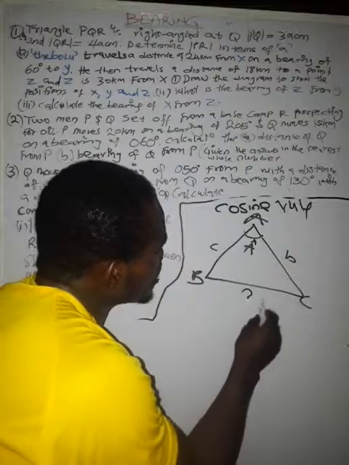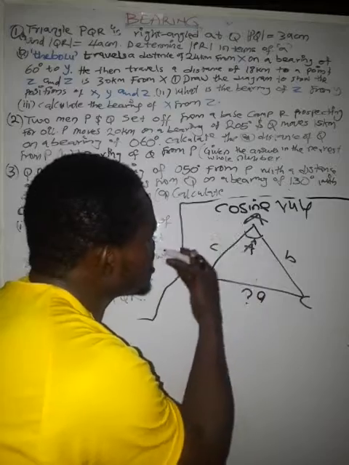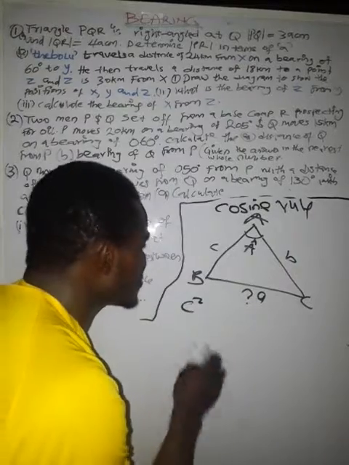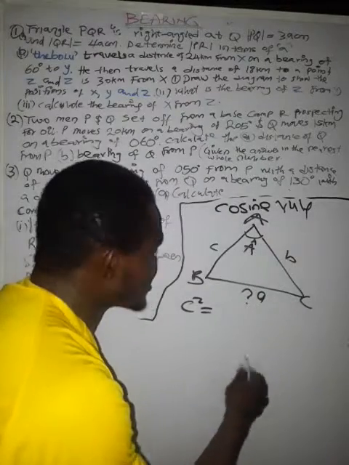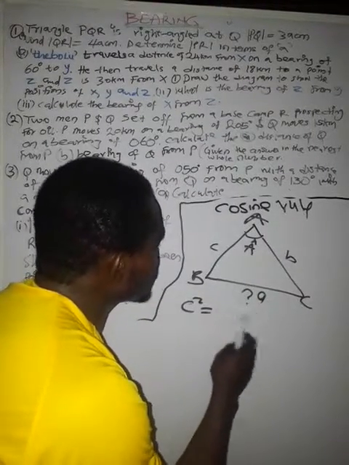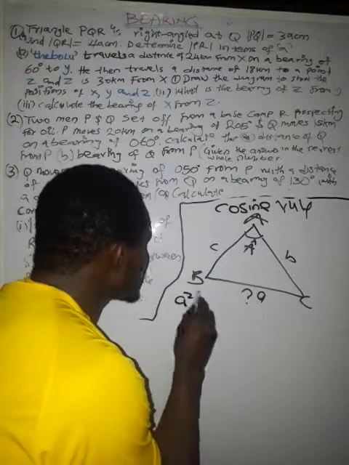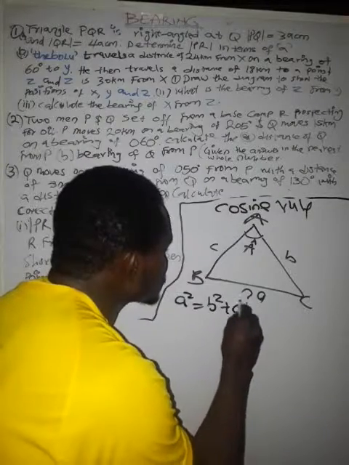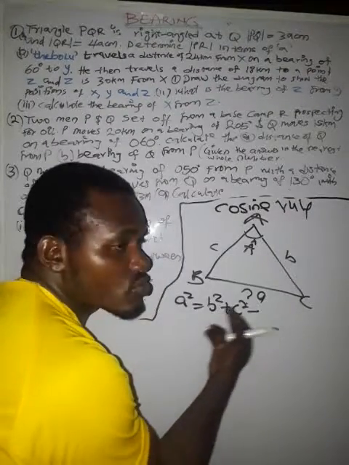If I am to calculate side a, that is unknown, by knowing the c side and b side, it says that a square equals the other two sides, b square plus c square, then minus 2 times the product of the two known sides.